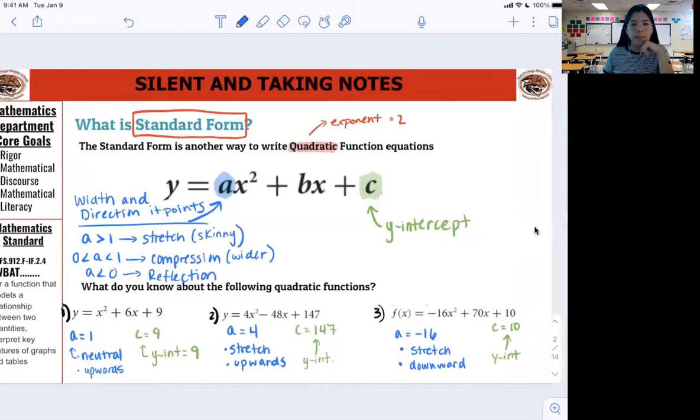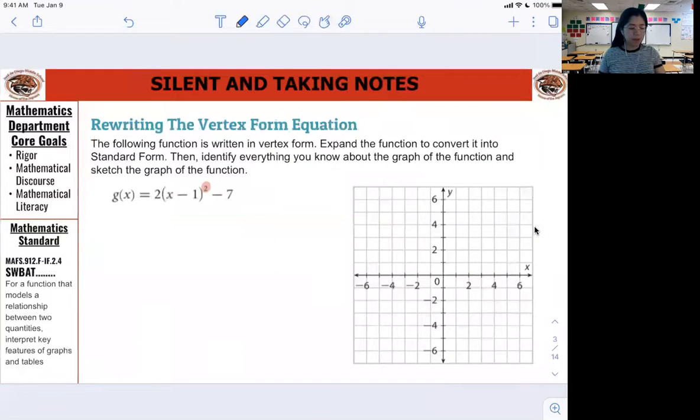Okay. So now I have a vertex form equation, but remember what I said, vertex form is one way to write it. Standard form is just a different way to write the same thing. So what we can do is turn vertex form into standard form. Let's go through the steps to do that.